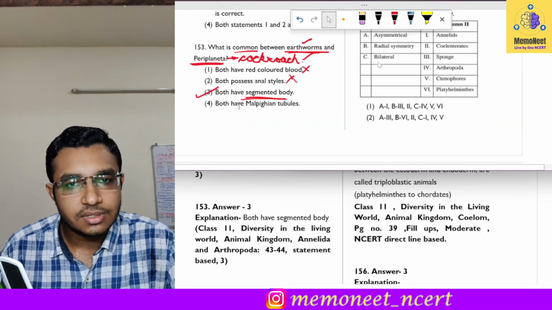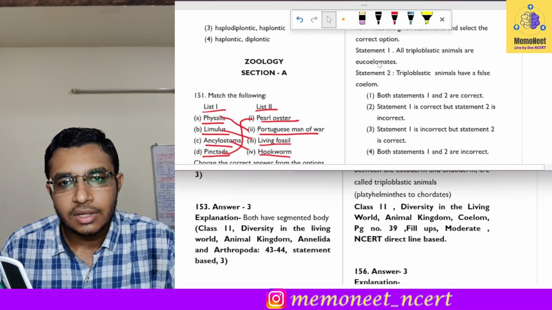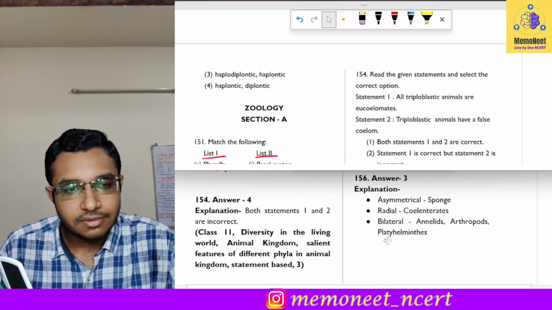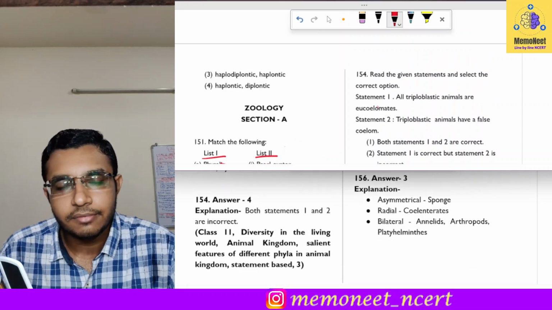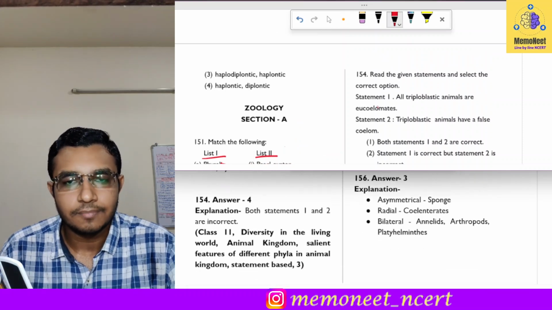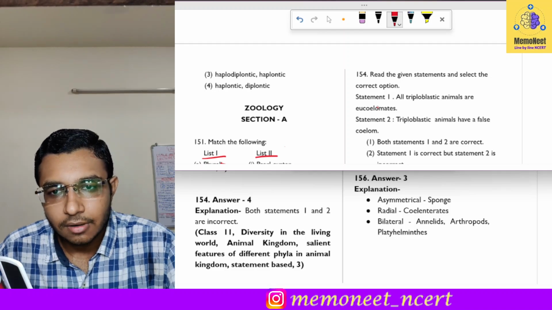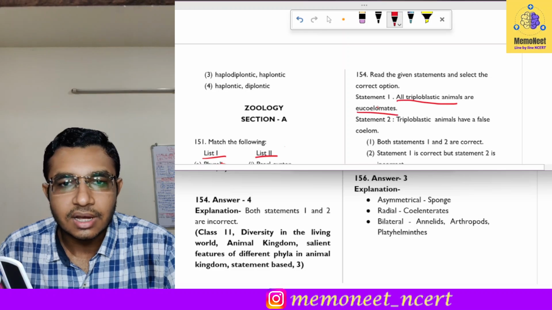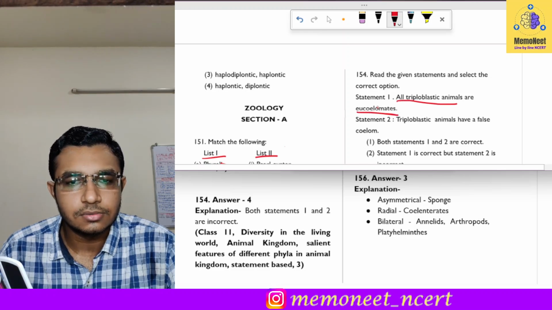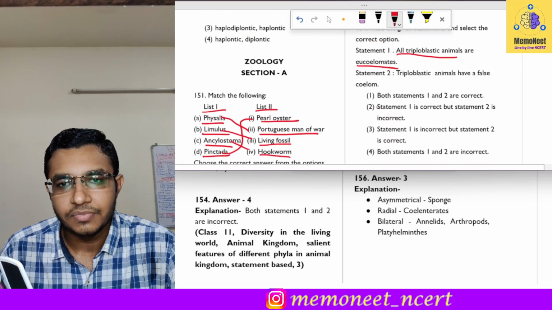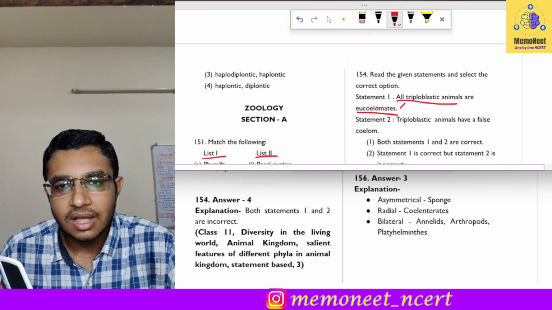The next question is question number 154. That is also a statement based question, and we have to identify which of these two statements is correct. Statement 1 states that all the triploblastic animals are eucoelomates. Is this true? No, all the triploblastic animals are not eucoelomates.